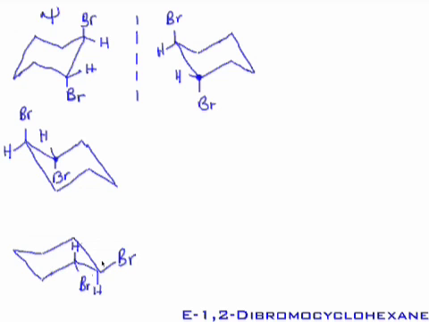Now if you examine that, and you say, well, if I rotated it, it wouldn't match this one either, because this guy's got both groups axial. So if I labeled this group A, this group B, B does not match C. A and C are non-superimposable mirror images. That means A and C are enantiomers.